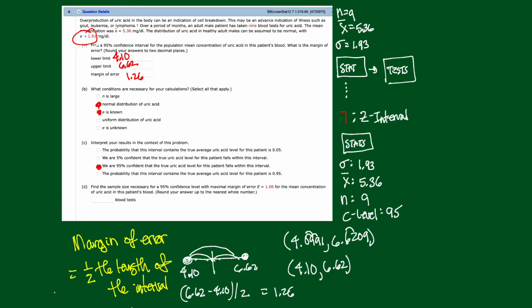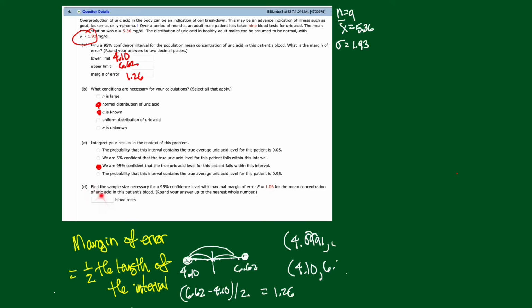The last one says, the probability that this interval contains the true uric acid level for this patient is 0.95. Okay, this one looks okay to me. The probability that this interval contains the true average uric acid level is 0.95. I think they're just asking for one, and this is probably the best one. I'm going to go with this one, but there's a good chance for this one too.